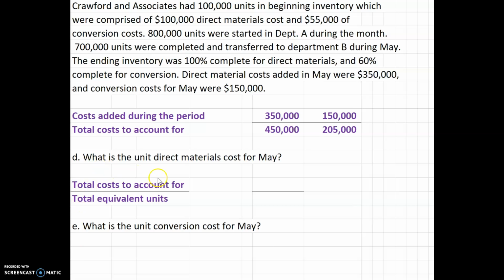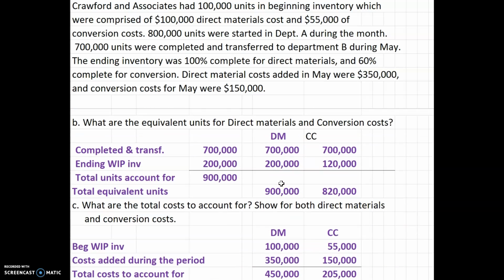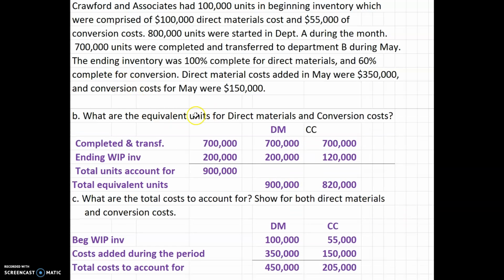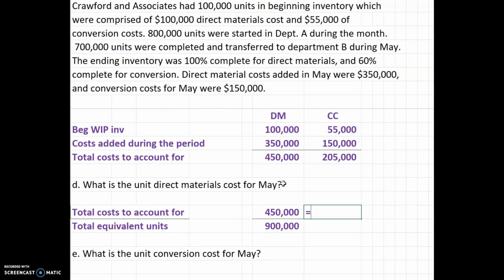Alright, so our total cost to account for divided by our total equivalent units. We're doing this for direct materials costs in part D. So our total cost to account for direct materials we can get from above. That's the 450. And the total equivalent units for direct materials we calculated in part B, 900,000 units. So we can divide the 450 by the 900,000.